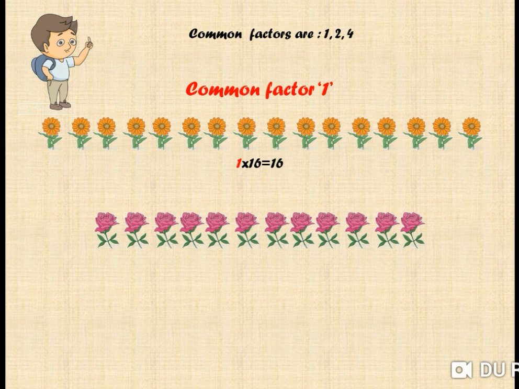Then he is arranging the pink flowers in one row, means he is putting 12 flowers in one row.